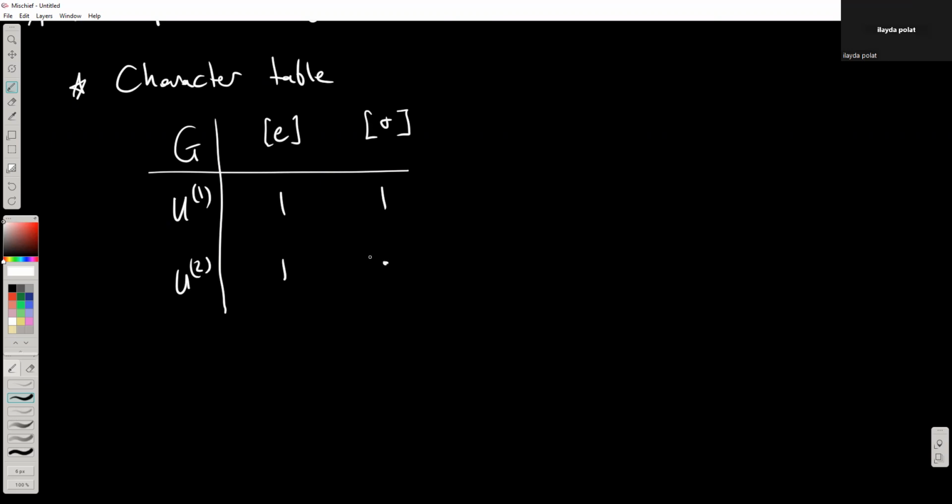What we are left with is that element in here. So in that case, I use the fact that sigma squared is equal to identity. So therefore, for any representation, for example U2, U2 of sigma squared has to be equal to the identity matrix.